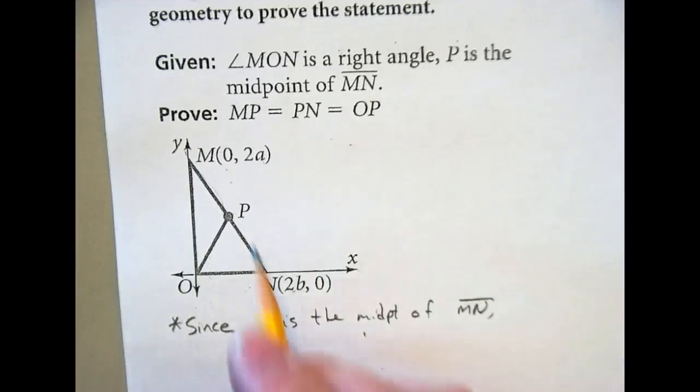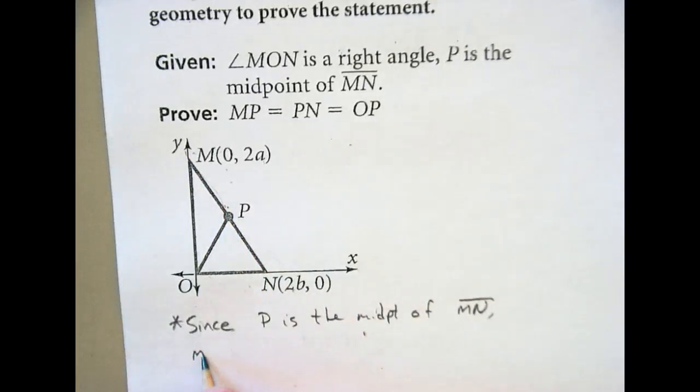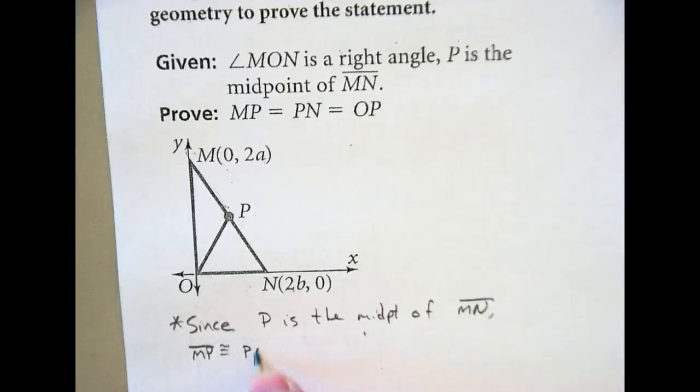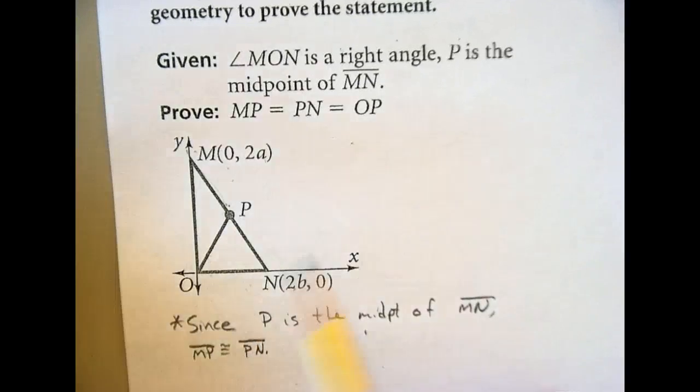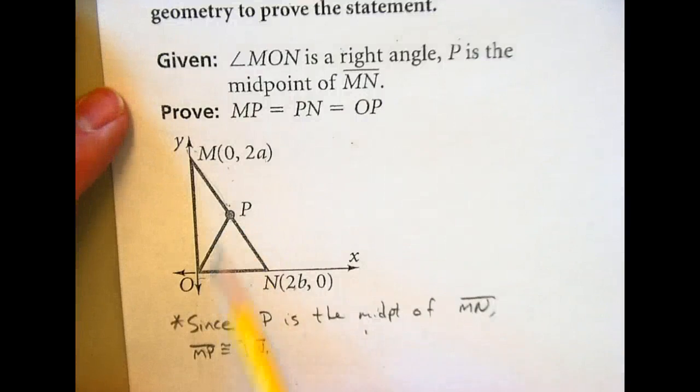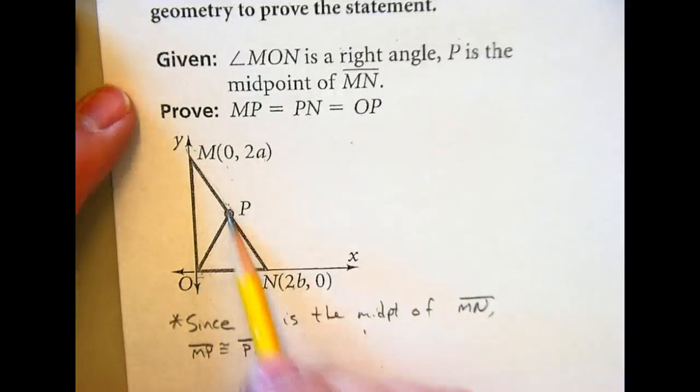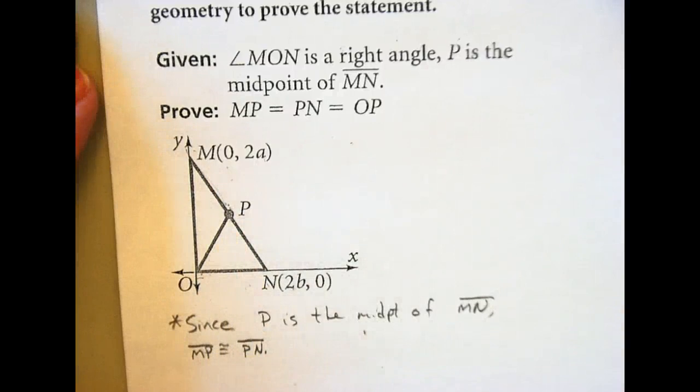MP and PN, right? All right? So we can show OP is congruent to either PN or PM using the distance formula.